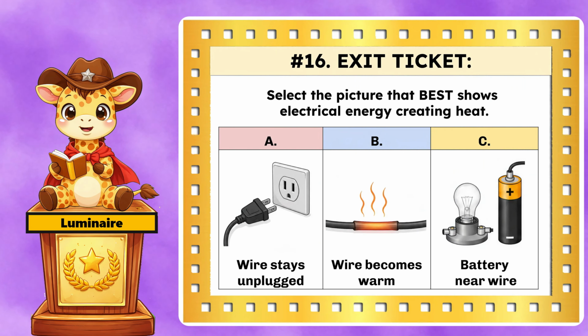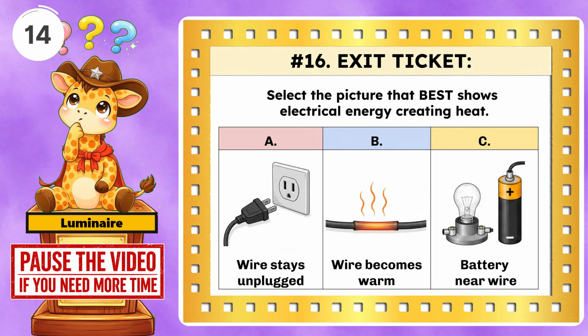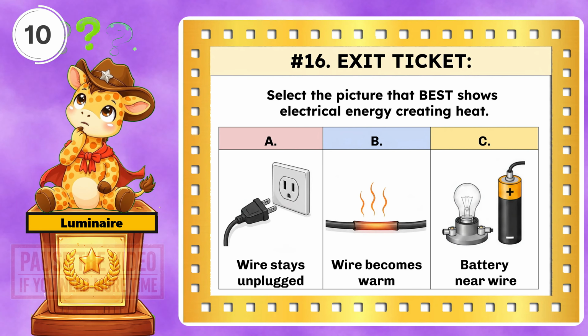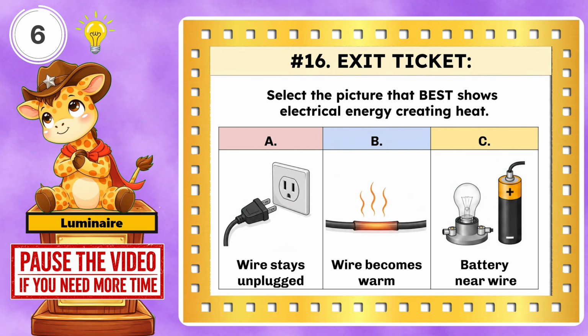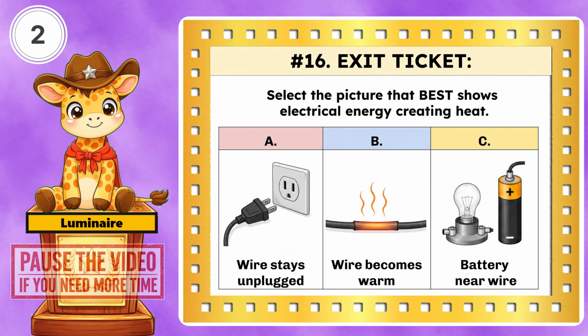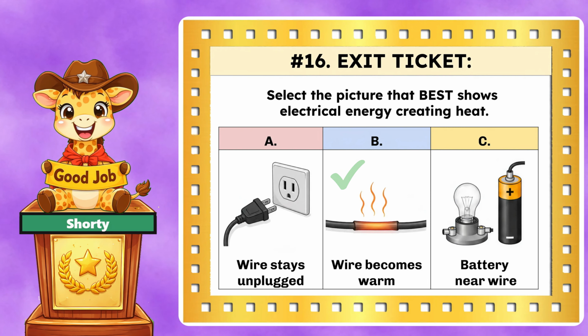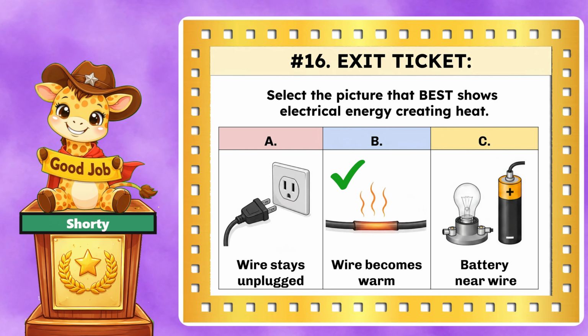Select the picture that best shows electrical energy creating heat. And the correct answer is letter B, wire becomes warm.